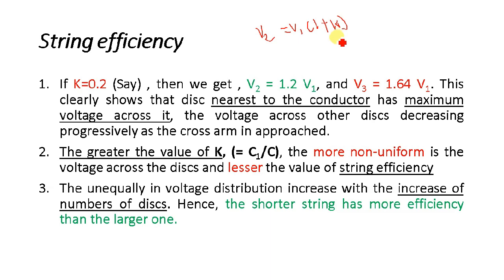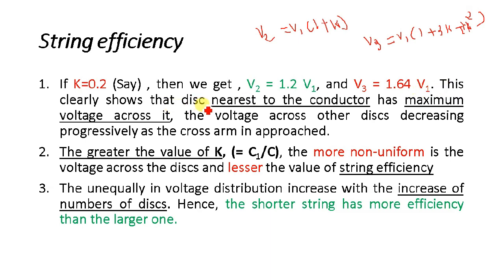If you put the value of K right here, that is 0.2, 1 plus 0.2 will be 1.2, so your V2 will be 1.2 into V1. In the same way, your V3 will be 1.64 into V1, because V3 is equal to V1 into (1 plus 3K plus K square). If you put the value of K, you will get 1.64 into V1.